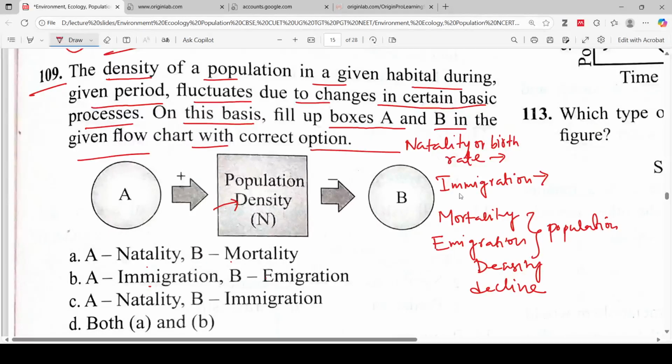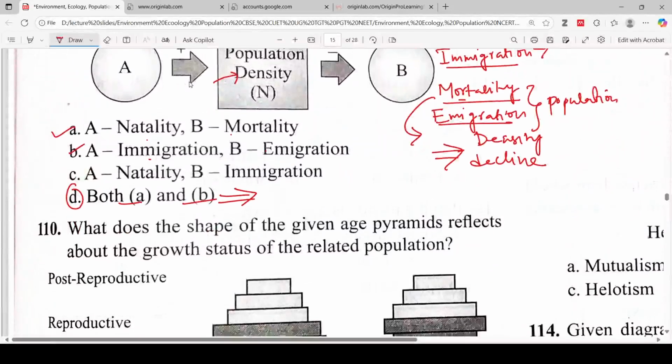So the two factors, mortality and emigration, decline the population density, and natality and immigration increase the population density. So the correct option for this question is option D. Next question.